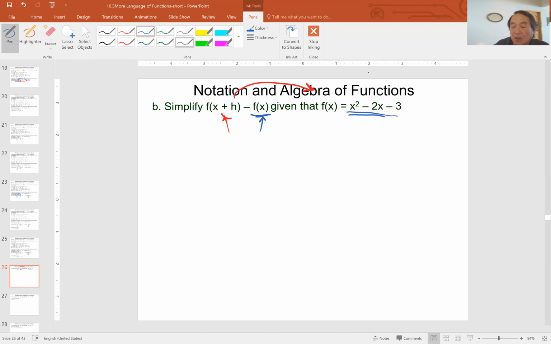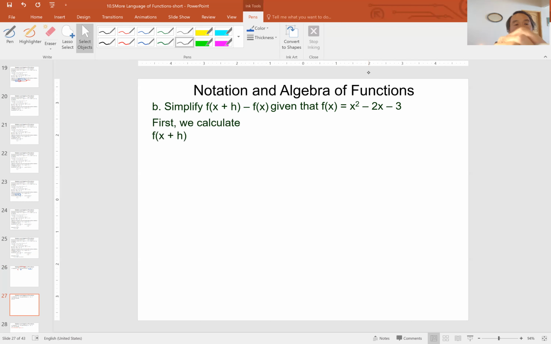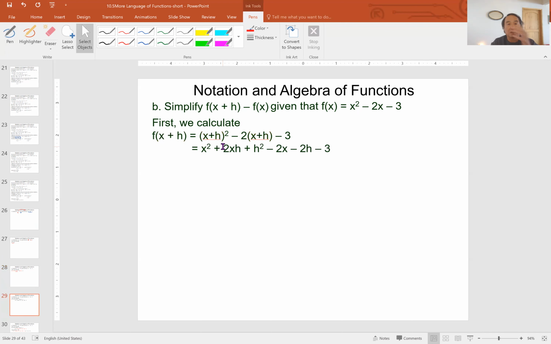So first of all, let's deal with the "from" part. What is that f of x plus h? That is, put the input x plus h into where x is, and so we have this. And remember, square this out carefully, and so we have this expansion, and that's only the "from" part of this subtraction.